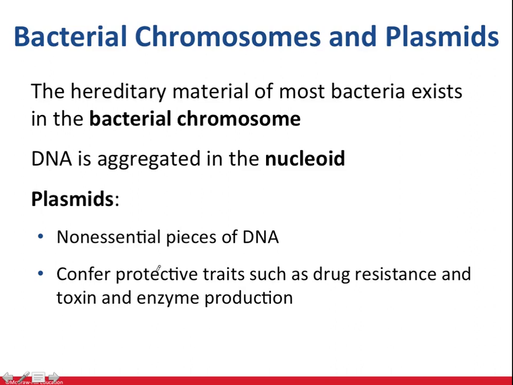The plasmid is used to transfer hereditary information between bacteria, so they can confer protective traits such as drug resistance, and toxin and enzyme protection.